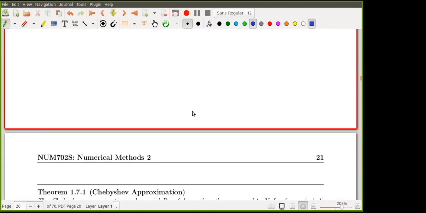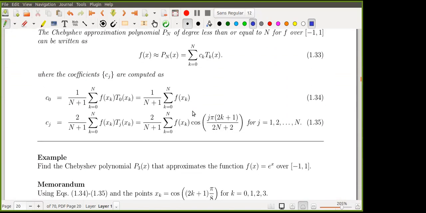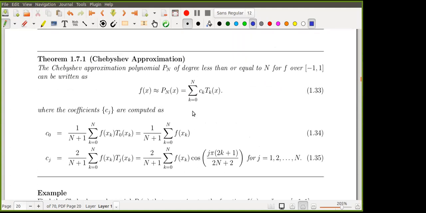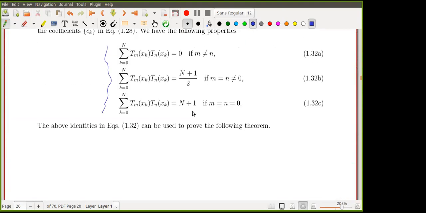So in the equation above, we can do the same thing. So let's take this case where m is equal to n equal to 0. You can see that the factor of Cj, or C0, because j will be 0, will be n plus 1, right?